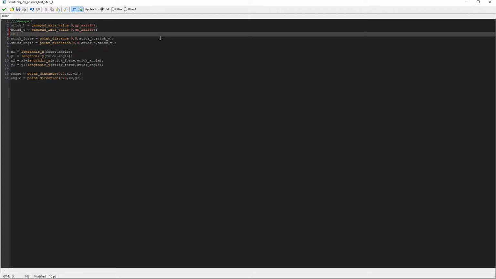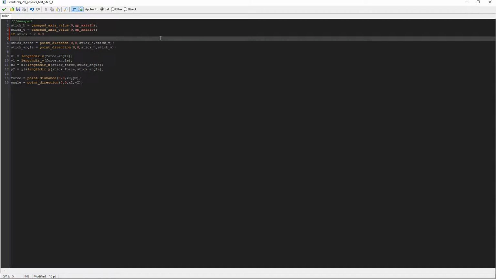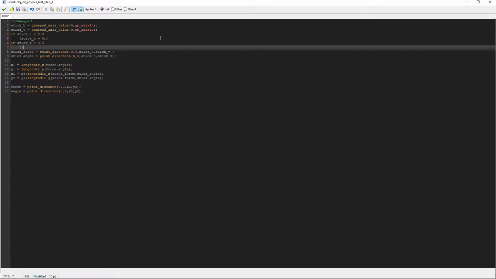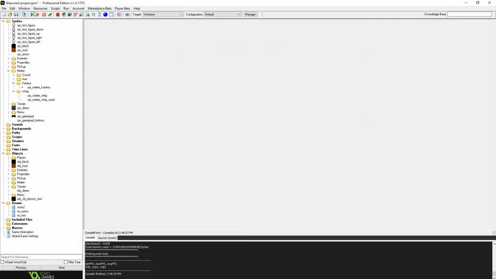Let's do this. If stick H is below 0.3, stick H equals 0. If stick V is below 0.3, stick V equals 0. Okay, so that gives us a little bit of a dead zone. There we go, look at that.